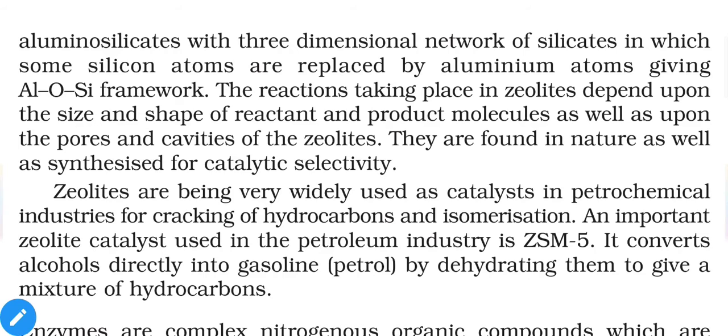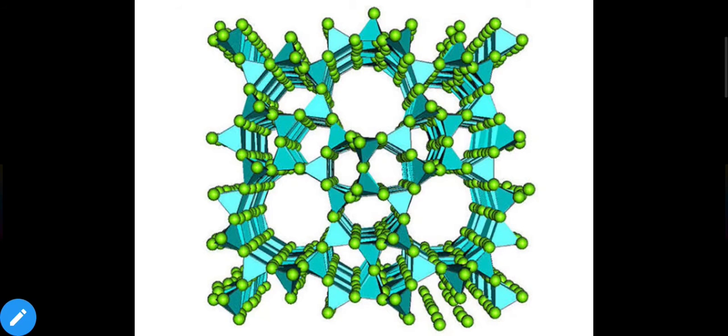The reaction taking place in the zeolites depends upon the size and shape of the reactant and product molecules, as well as upon the pores and cavities of the zeolite. Usually the reaction occurs from inside. That means reactant molecules will mostly be adsorbed from inside the pore, at the inner surface of the zeolite, and different pore sizes give different products.